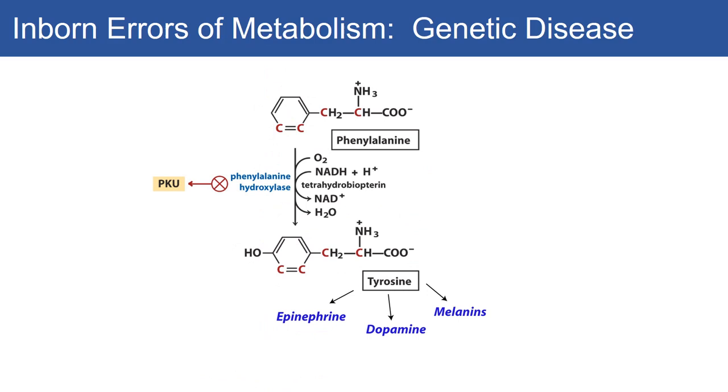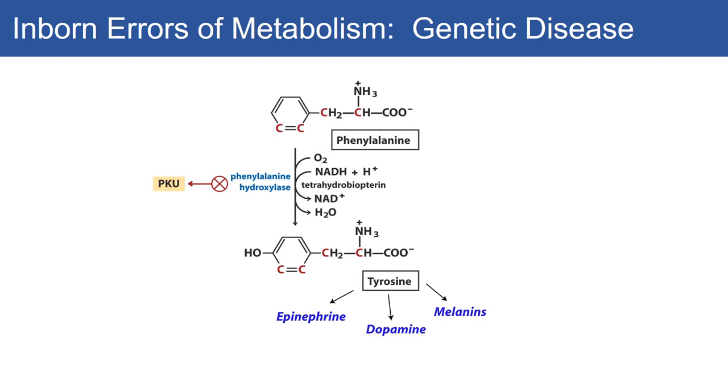Some of the inborn errors of metabolism are associated with amino acid biosynthesis. And the most common one, or probably the most prevalent one that exists, is PKU, phenylketonuria.